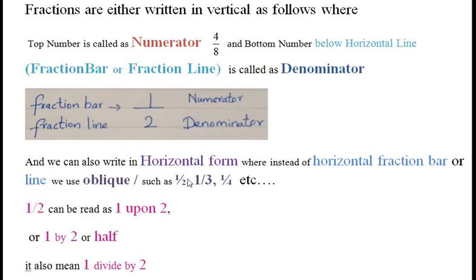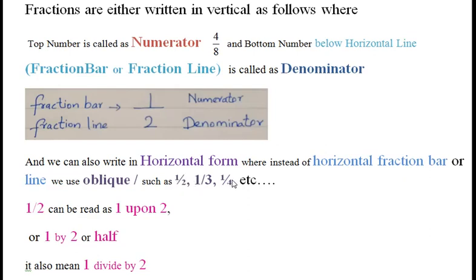So 1/2, 1/3, 1/4. This slash or oblique is what we use when we type fractions digitally, like on a laptop or any other gadget.